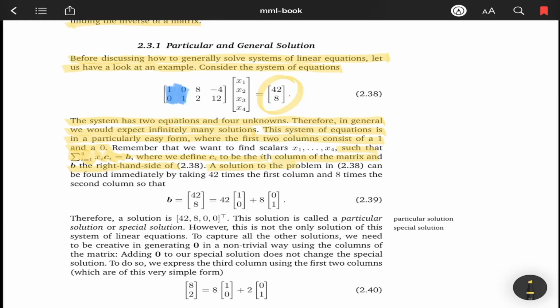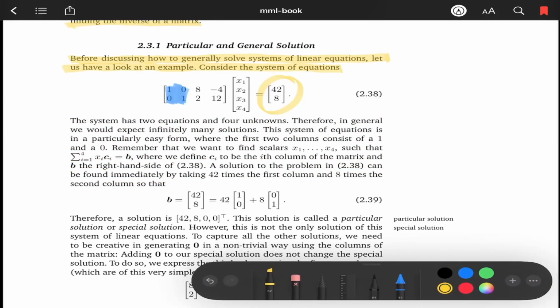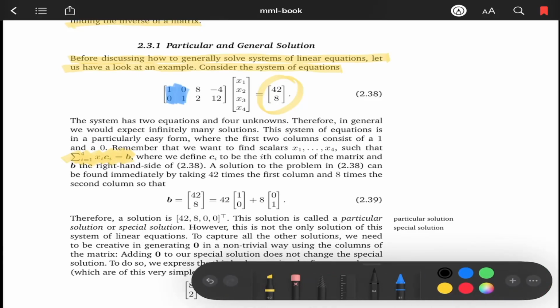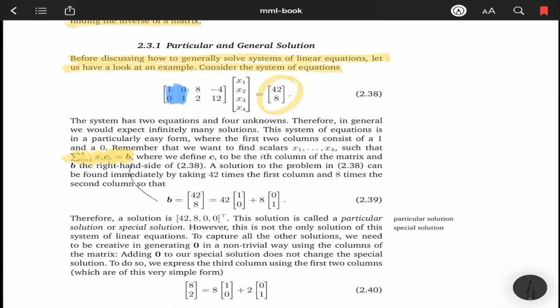A solution to the problem in 2.38 can be found immediately by taking 42 times the first column and 8 times the second column. Okay, let's try to understand this. So what's important is this part. And here we have b, which is 42, 8. It's a vector.